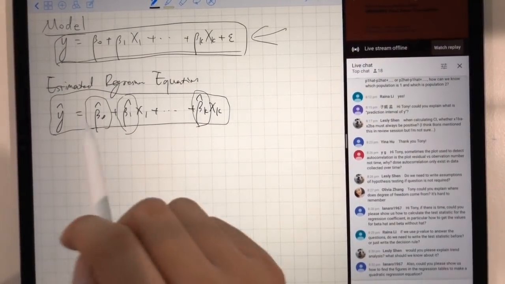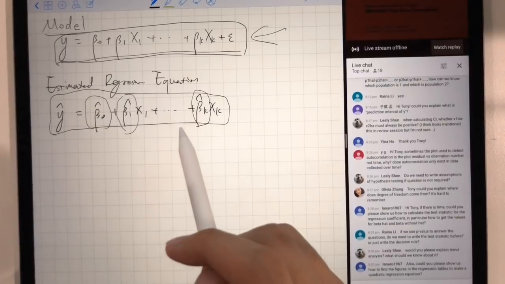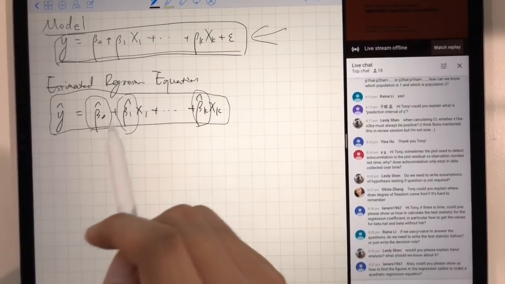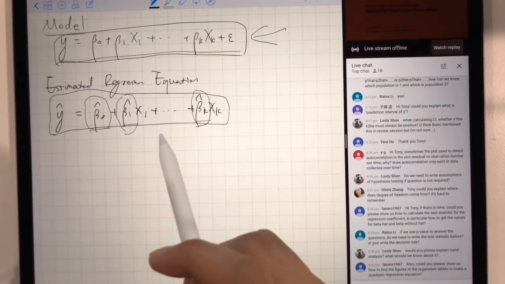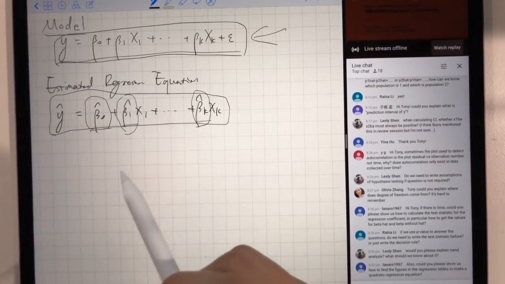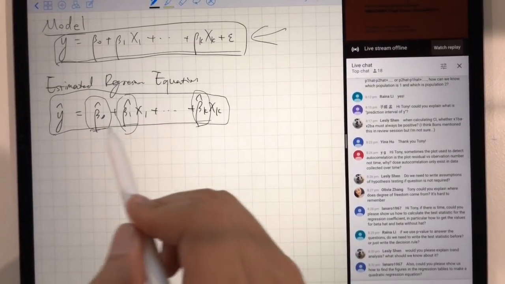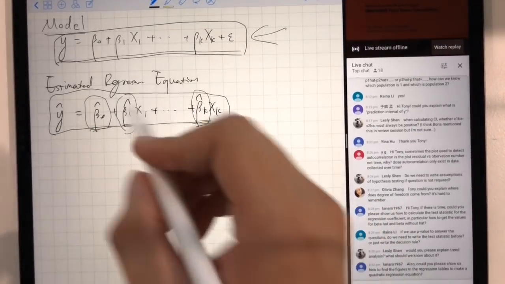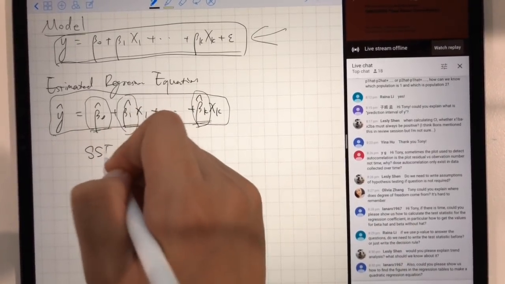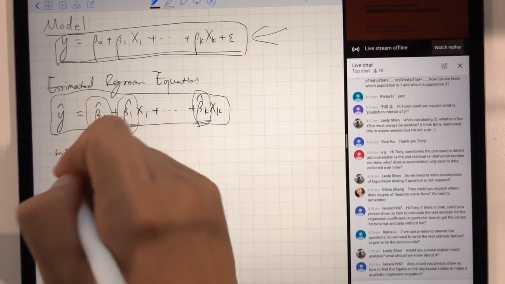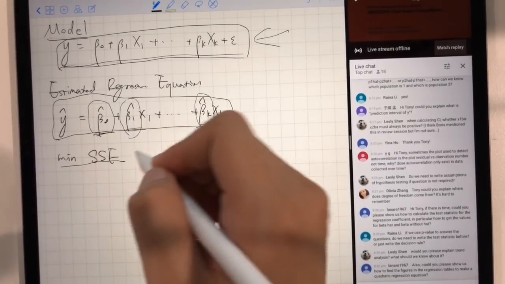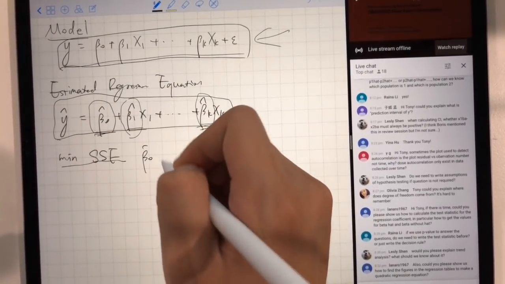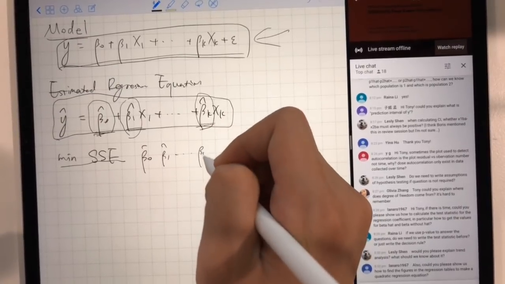The calculation or estimation of those numbers is not actually required in your final exam because it's a very complex optimization process. Basically, you have to minimize SSE by adjusting the values of beta 0 hat, beta 1 hat, and beta k hat.